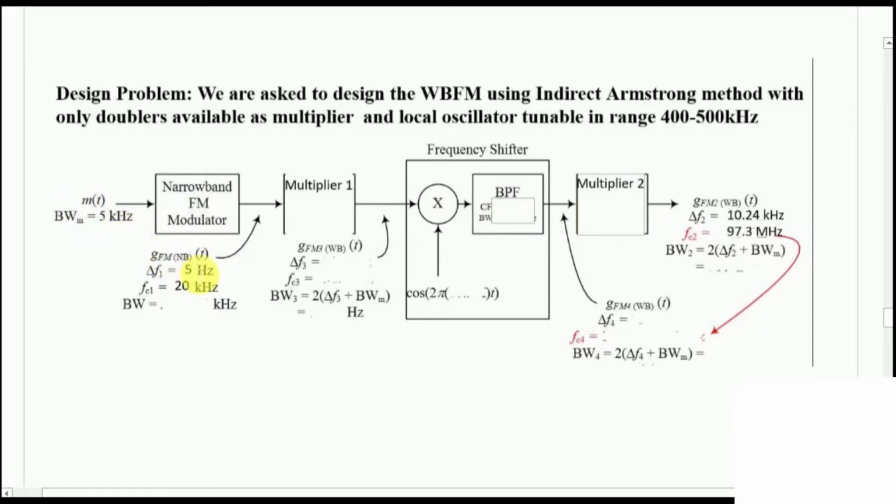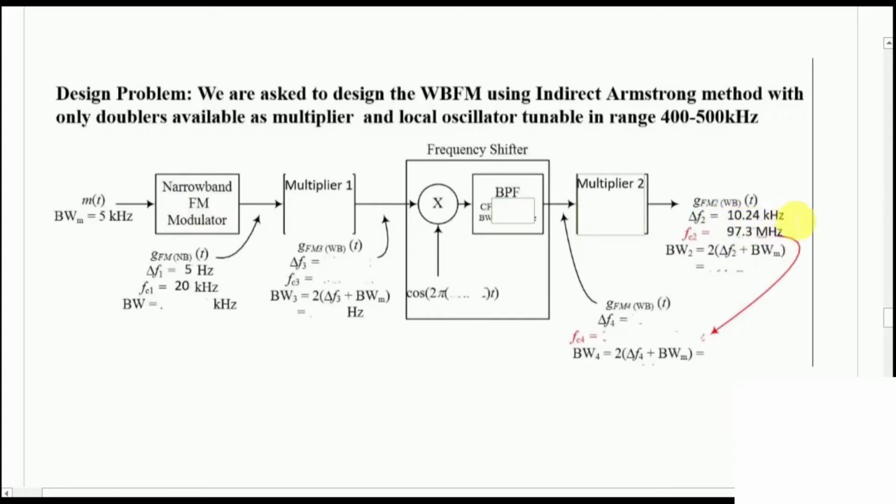Another thing that is given to us is the parameters of the output of the wideband FM modulator. These include the carrier frequency that is desired, 97.3 megahertz, whereas the frequency deviation that is desired is 10.24 kilohertz.